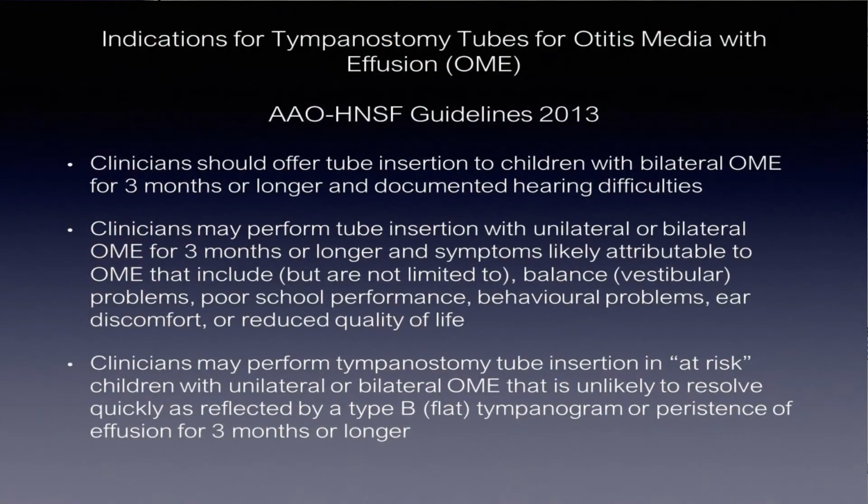So what about for otitis media with effusion? If the child has bilateral effusion for 3 months and documented hearing difficulties, then MNT should be offered. If the child has unilateral or bilateral OME for 3 months and symptoms likely attributable, such as balance problems, poor school performance, behavior problems, ear discomfort, or reduced quality of life, we can also offer tube insertion.